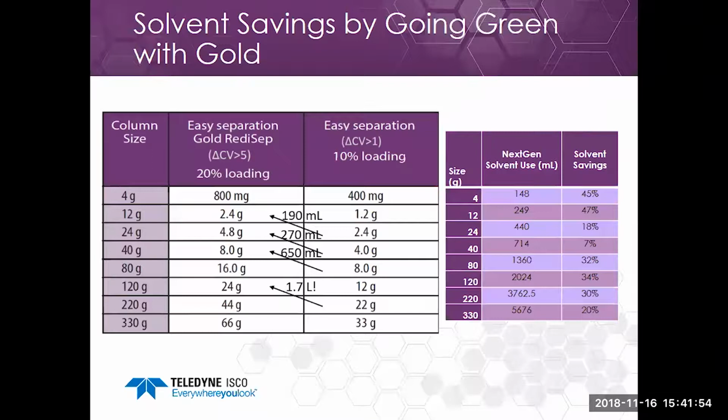On our 120 gram column on a ReadySep Gold, you could load that same amount, and you would be saving 1.7 liters of solvent in one run. So you can see how using the smaller column is going to give you less solvent used, increased concentration of your fractions, and it's going to be a cheaper column size comparably.